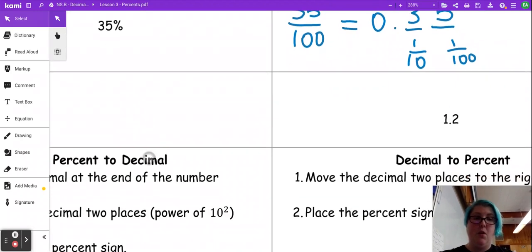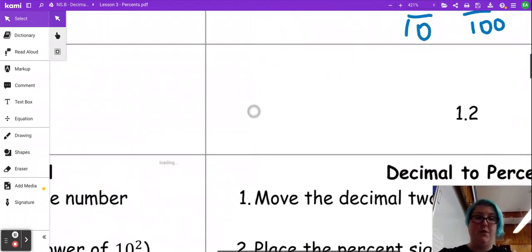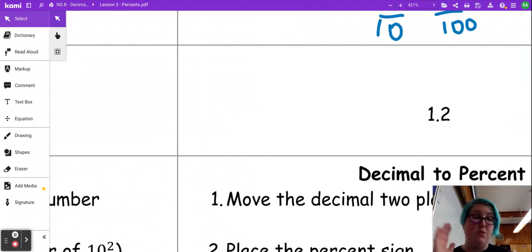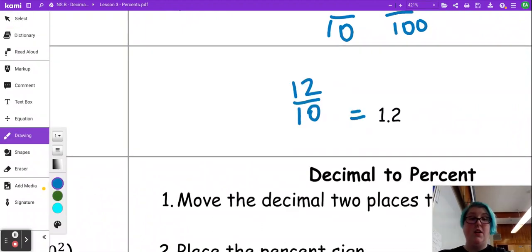Now, what happens if we want to do 1.2? So we want to take a number and turn it into a percent. We know that this is 12 over 10 because we have the 2 in the tenths place here. So that means after the decimal. If we multiply by 10, we're going to get 12 over 10.